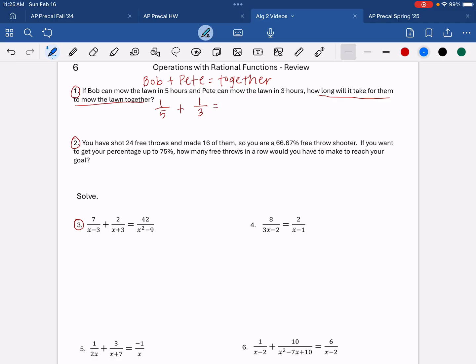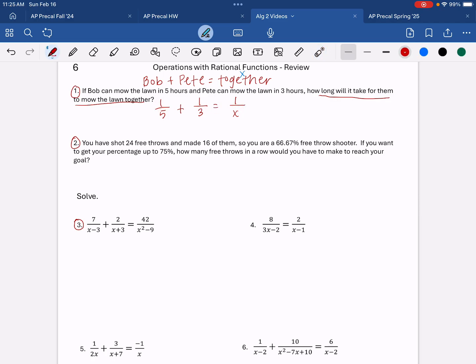So that unknown amount of time together is our x. So we're going to say 1 over an unknown amount of time together. And we know, just before we even go to solve, that we should be getting a number smaller than 5 and smaller than 3, because if they work together, they're going to be going faster than either of them can do alone.